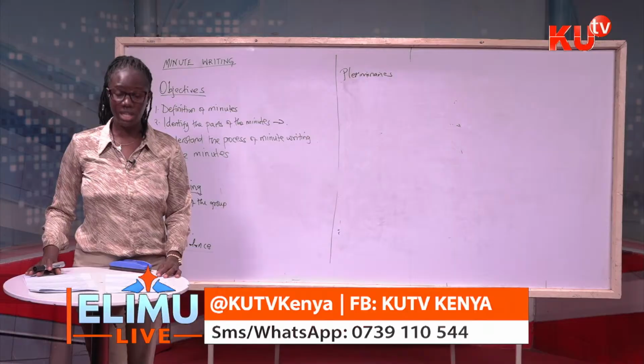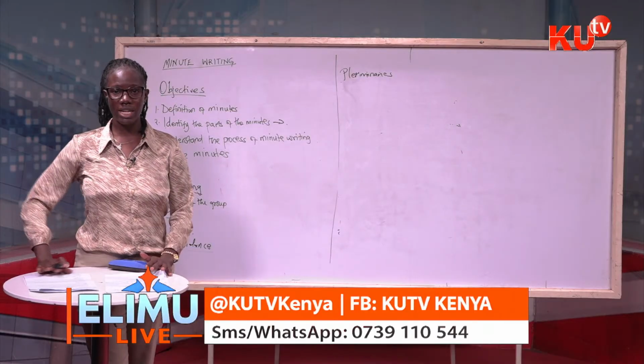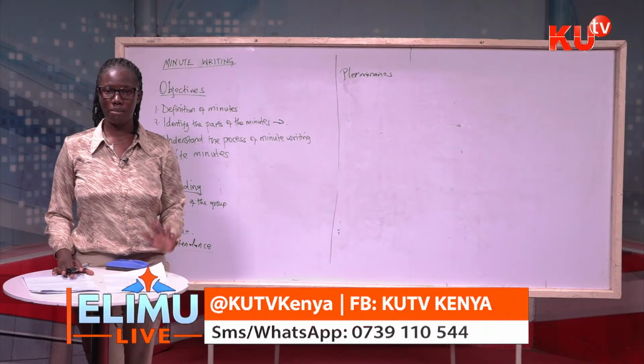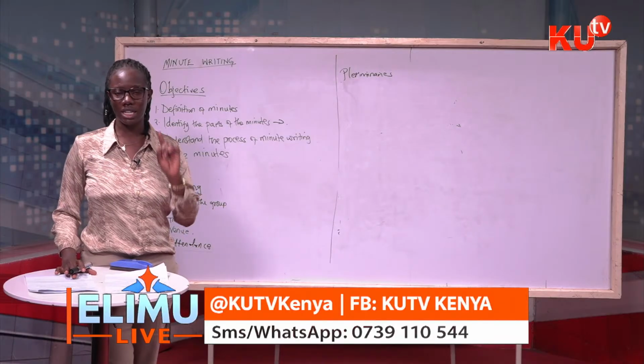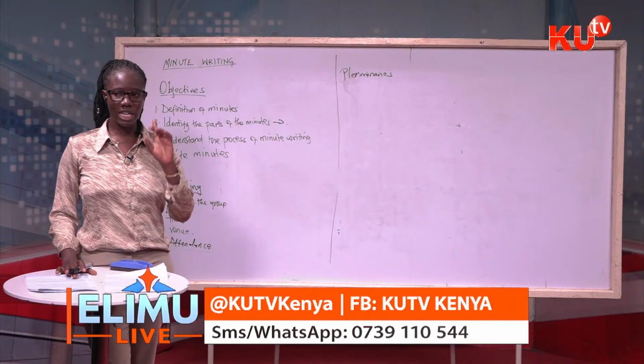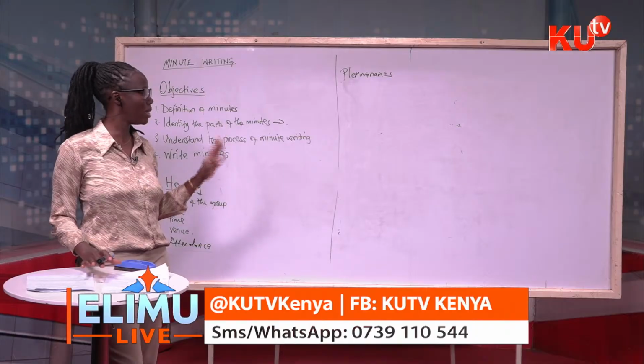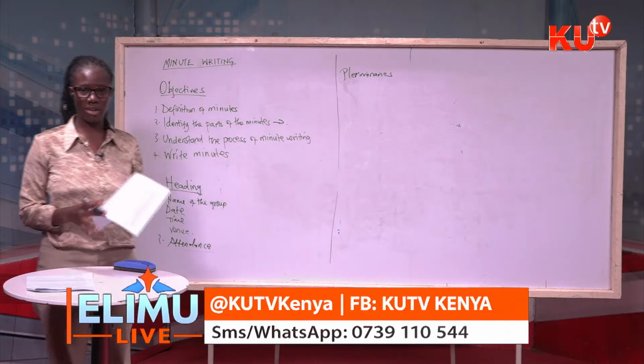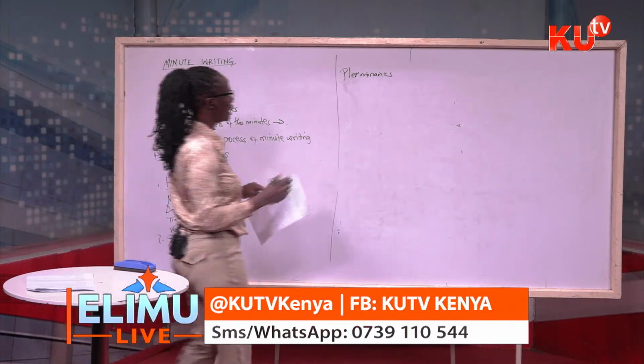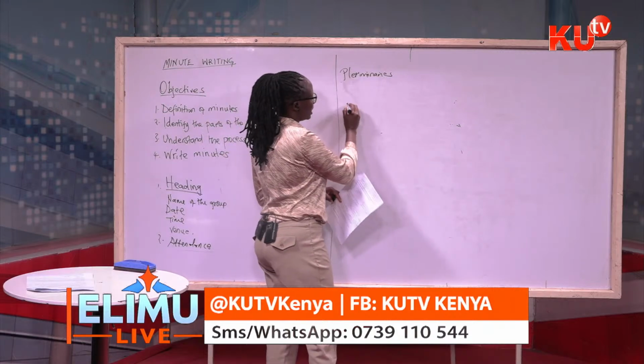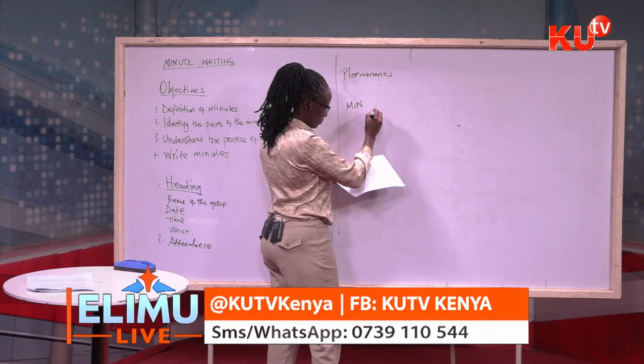So up to this point, we've already started our minute, and so you must number your minutes. So the number 1 minute will always be the preliminaries, and this is how you're supposed to number it. So this will be our minute 1.